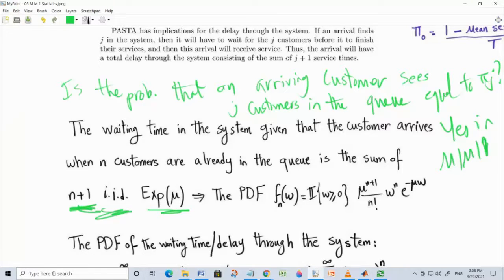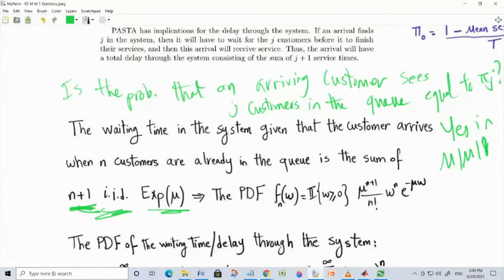But ignore this. Let's assume that the service time is independent from customer to customer. So you have a total of n plus 1 service times to wait: the service times of the n customers in the queue who arrived before you, and then your own service time.